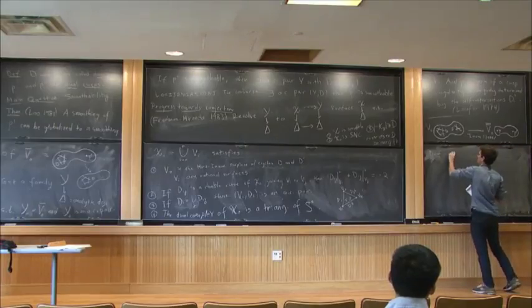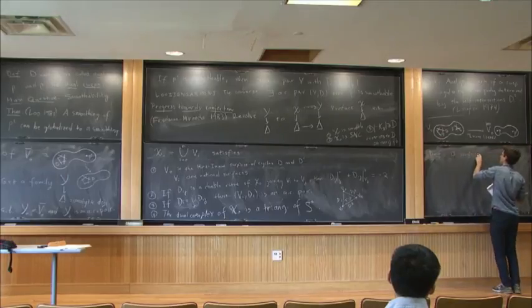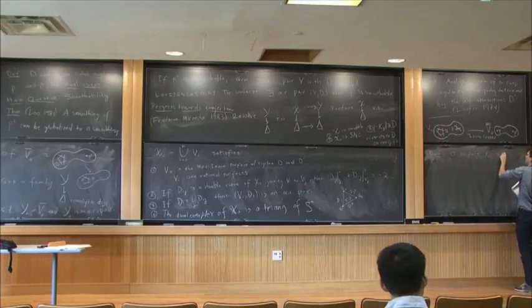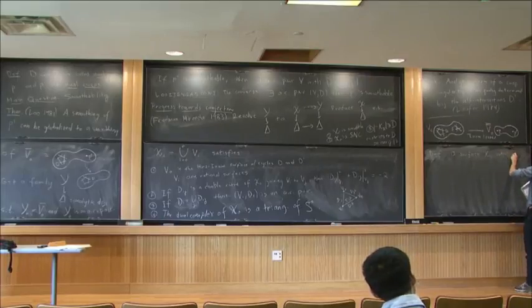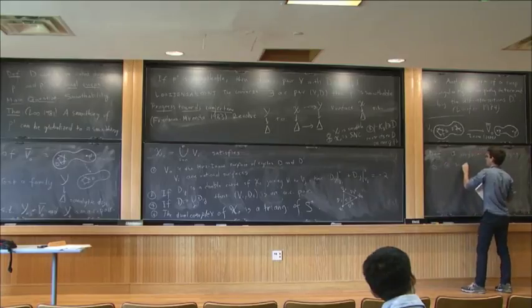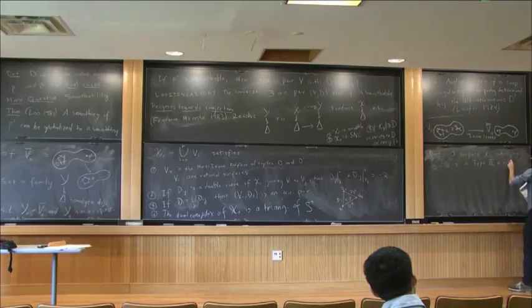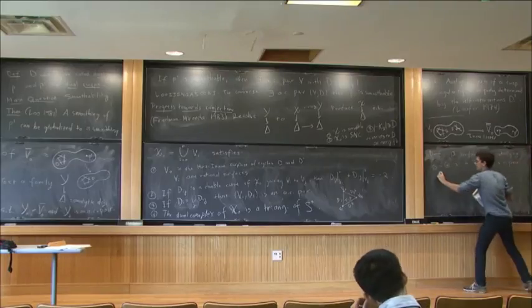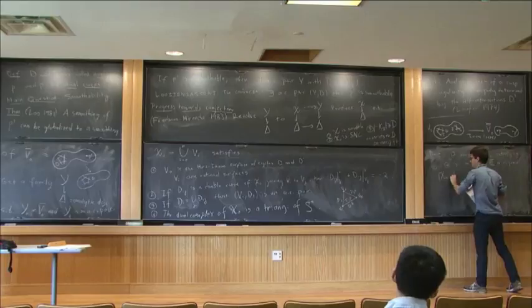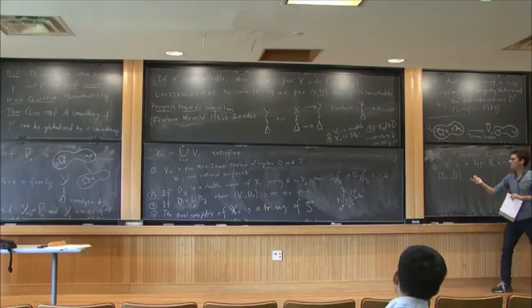Definition: a surface X naught satisfying 1 through 4 is a type 3 anticanonical pair X naught, D. So it's just like type 3 K3 surfaces, but this time it's a type 3 degeneration of anticanonical pairs, not K3 surfaces.